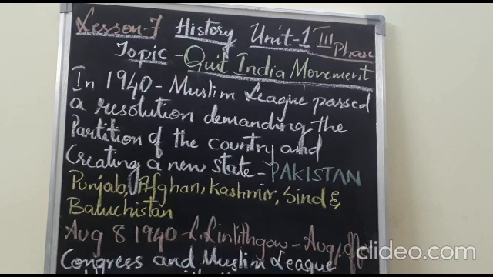So why did the Congress reject and not accept this? They rejected because Dominion status was proposed instead of complete independence. And the Muslim League denied the August Offer as there was no mention of a separate state of Pakistan.